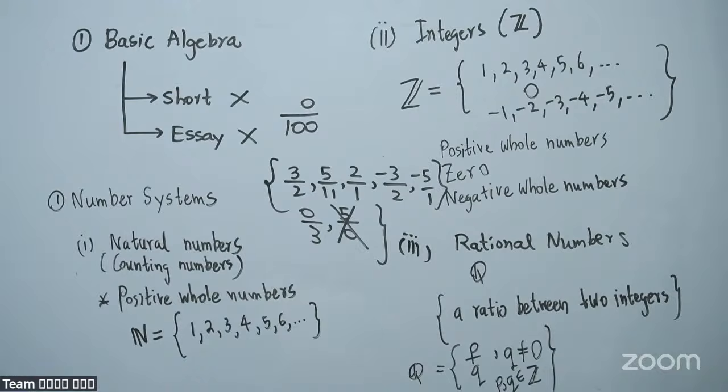Right? So we have three different categories for numbers. First one, natural numbers. Second one, integers. Third one, rational numbers. So what are natural numbers? Natural numbers are positive whole numbers, which can be taken as counting numbers. And what about integers?